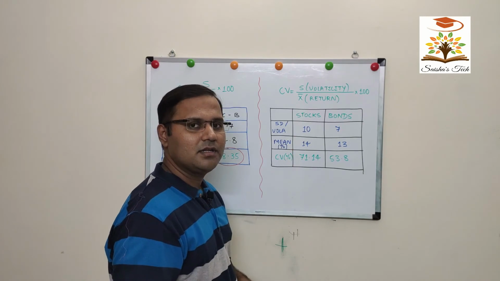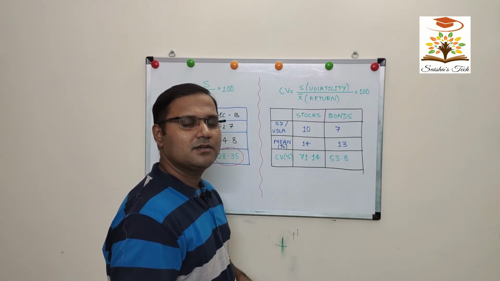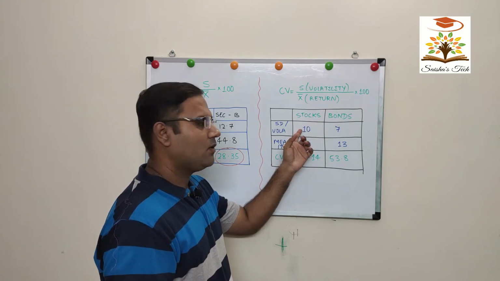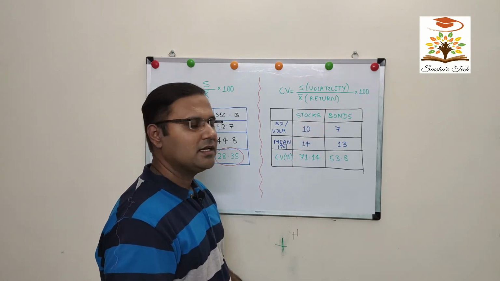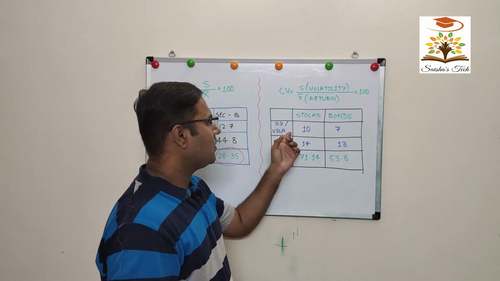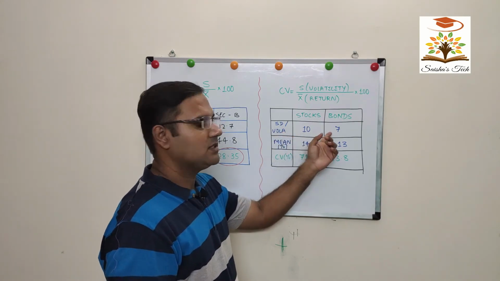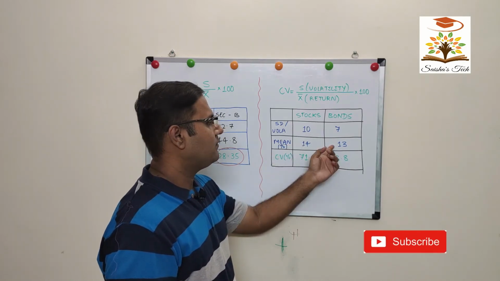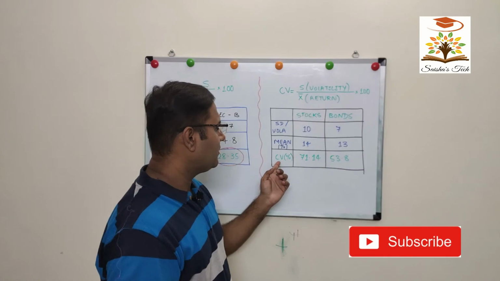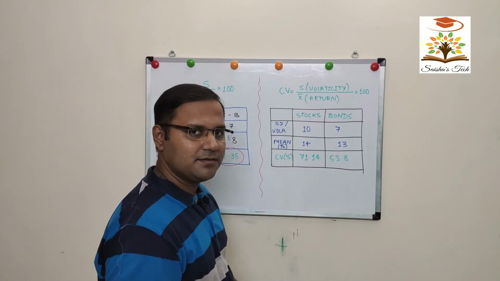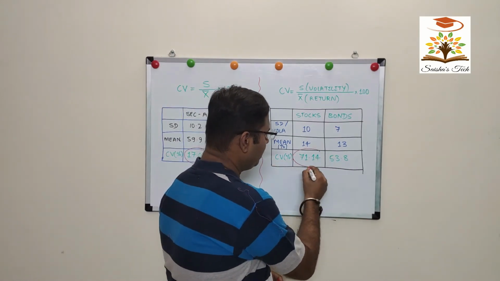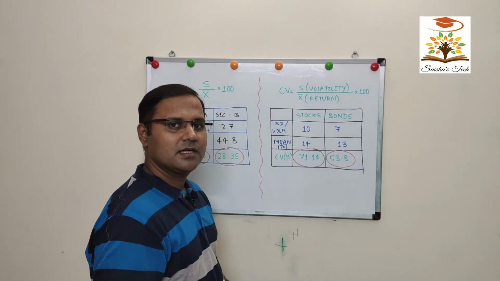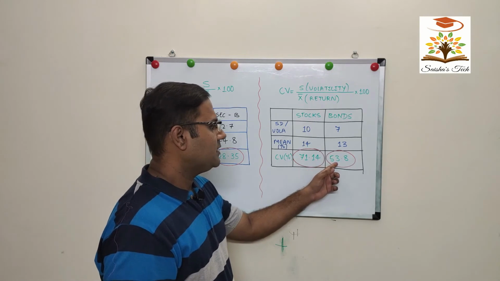Similarly, in the second example, Amar wants to decide on the minimal risk to return ratio. Here he is utilizing a portfolio of stocks and bonds where the volatility of the stocks is 10 and bonds is 7. The return for the stocks is 14 and the return for bonds is 13. When we calculate the coefficient of variation, for stocks it is 71.14 and for bonds it is 53.8.